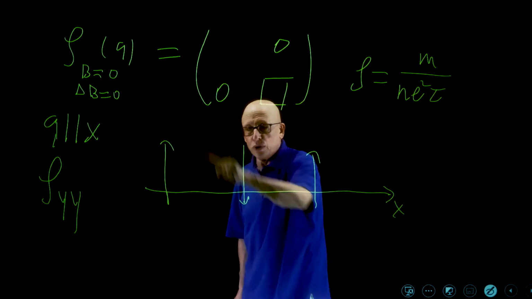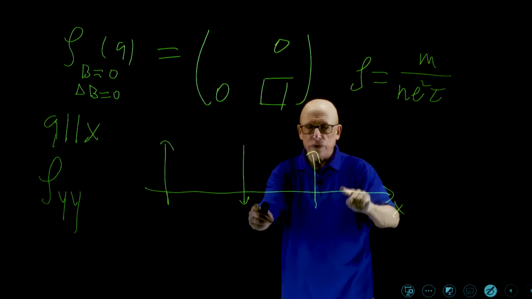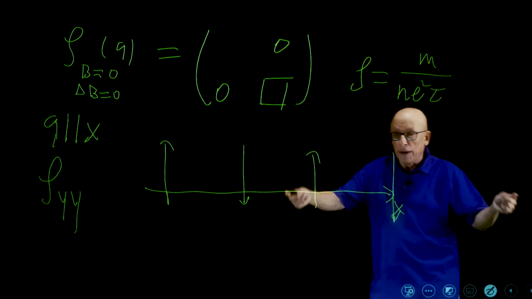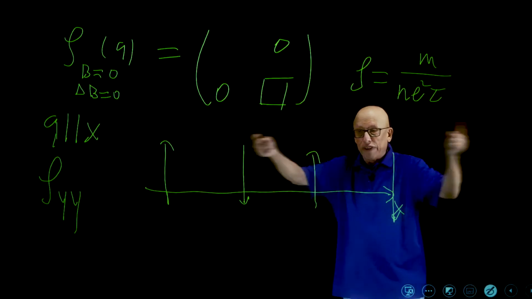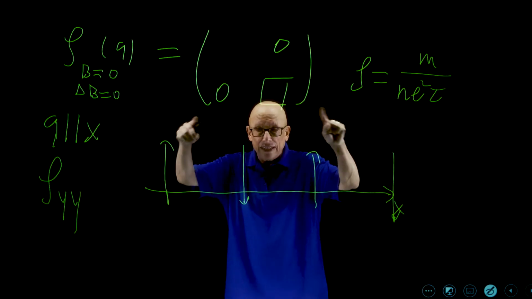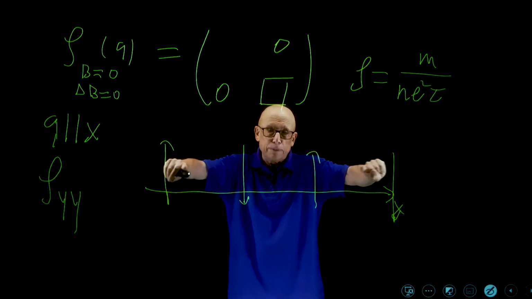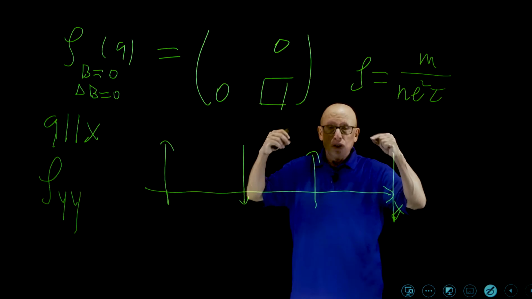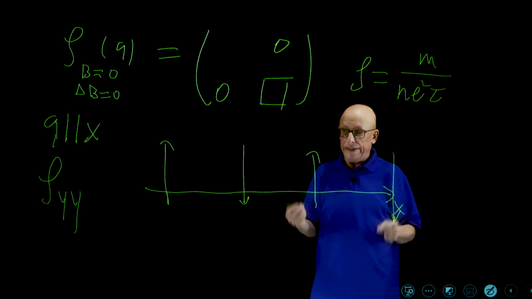So it points upwards here, downwards here, upwards here, downwards here, and so on and so forth with some wavelength lambda or wave vector q.